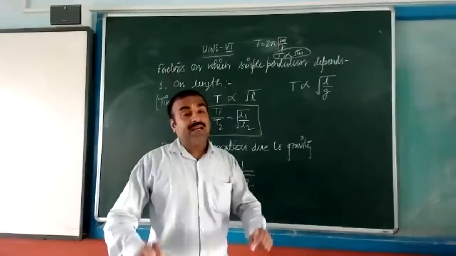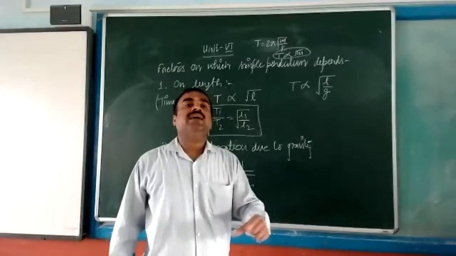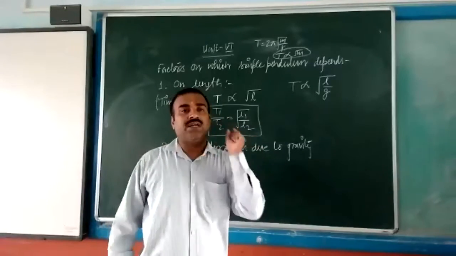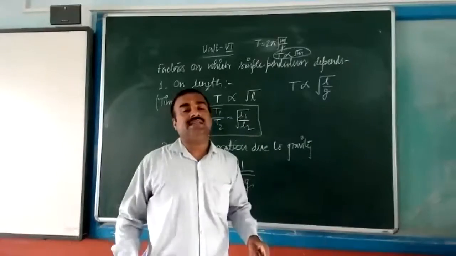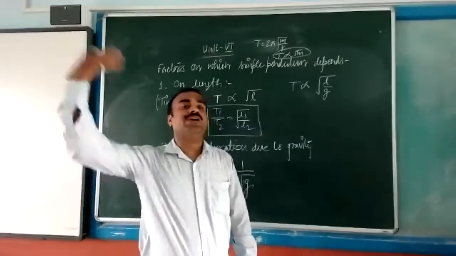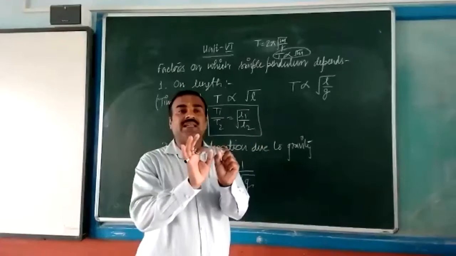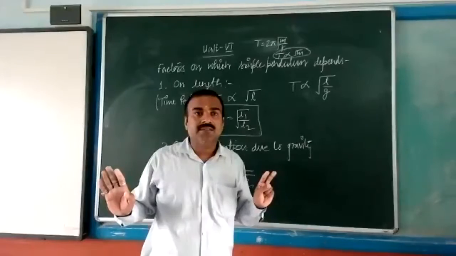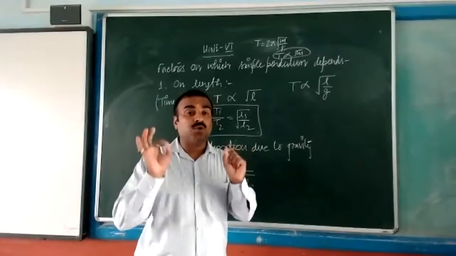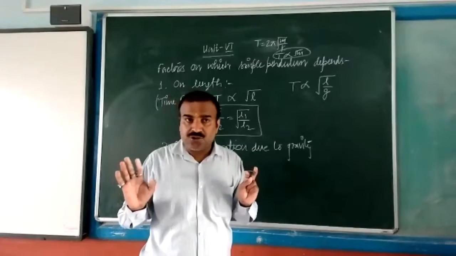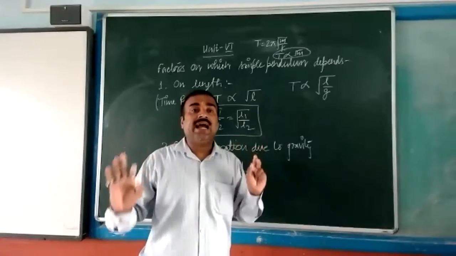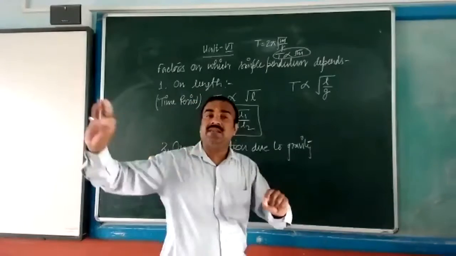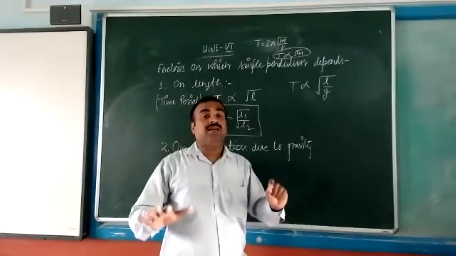But listen, one more thing. It will not change too much, not like 0.8; it changes by 0.01, 0.02, 0.03 like that. You will not get 9.5 or 10 point something. It will vary between 9.8 and 9.9, not more than that. Got it? Yes, sir. It should be clear in your mind that the value of the acceleration due to gravity will change according to the given place, but not too much.